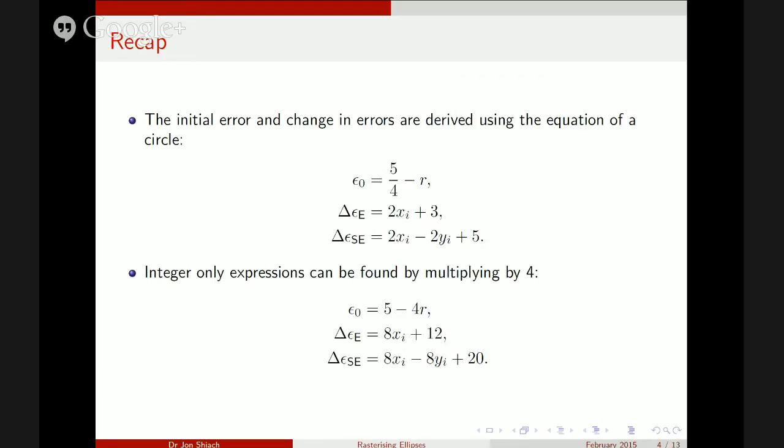That's all very well and good, but we have that 5/4 calculation. We don't want any real numbers, we only want integers. So if we multiply all of these by 4, we get rid of that fraction, and we've only got integers, which is what we want. Integer arithmetic is much, much quicker than dealing with decimal or real numbers.